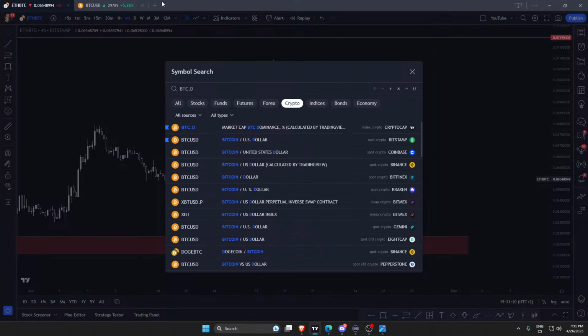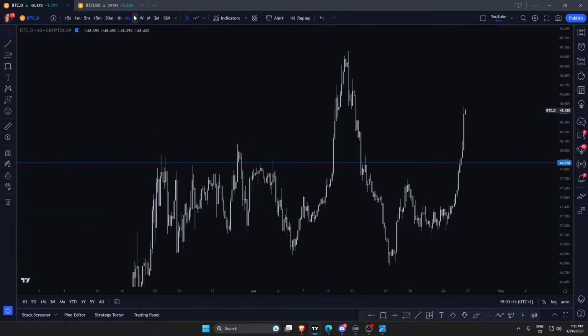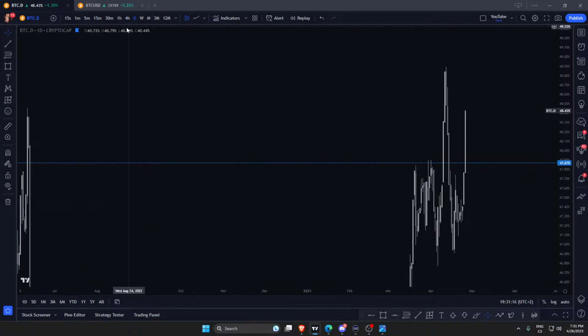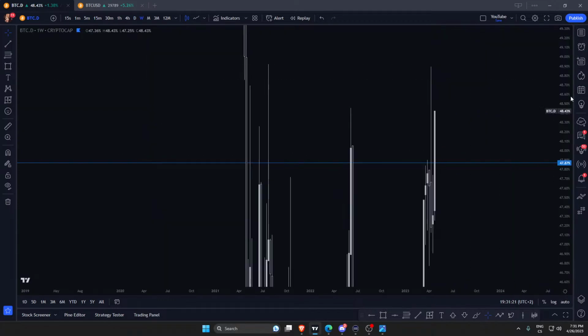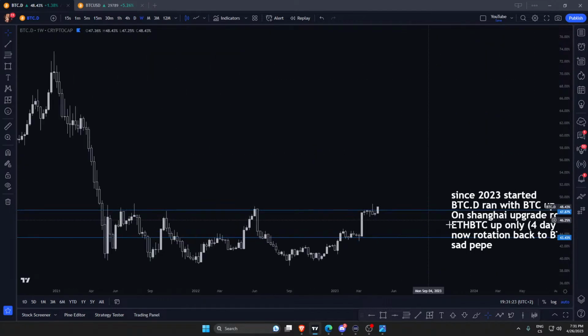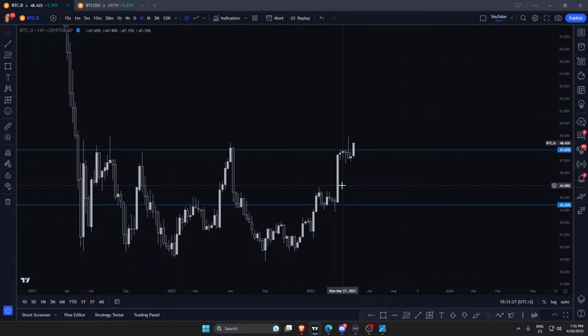I know people hate this, but I look at Bitcoin dominance. Look at this move, if you look at the weekly chart since the beginning of the year, it's pretty close to the Bitcoin chart, and in my eyes this is breaking out.